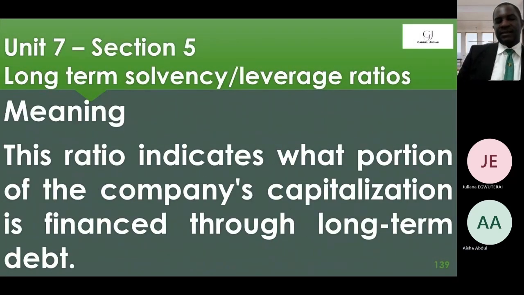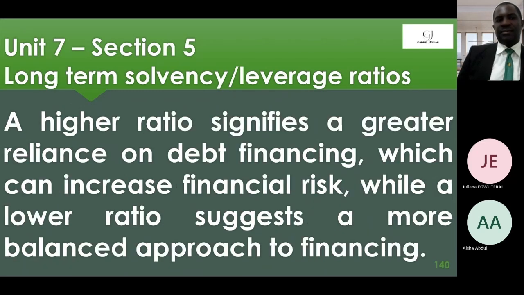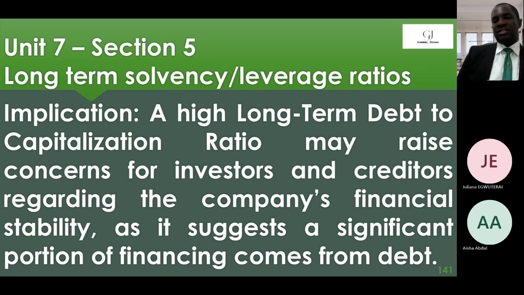It means that a portion of the company's capitalization is financed through long-term debt. The high ratio signifies reliance on debt financing, which can increase financial risk, while a lower one suggests a more balanced approach to financing. And the implication is that it can raise concerns for investors and creditors regarding the company's financial stability.